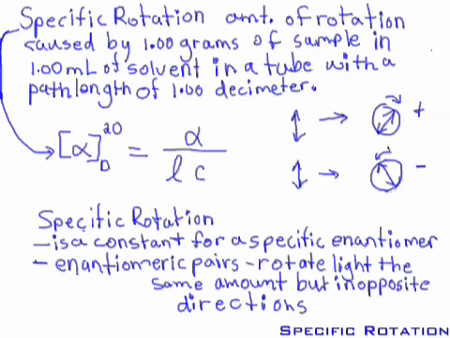Now, let me ask you one last question. If enantiomeric pairs, the two enantiomers, rotate light the same amount but in opposite directions, how much would an equal mixture of both enantiomers in solution rotate light?